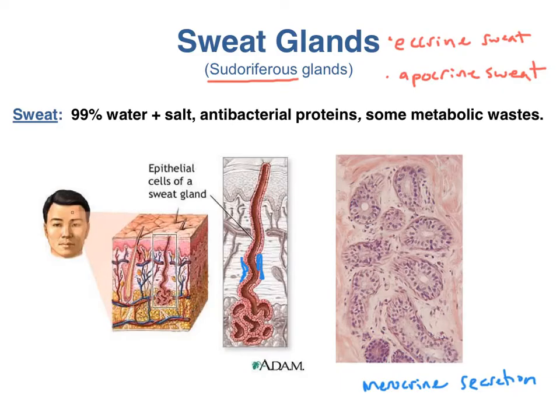The apocrine glands are also a little larger, a little bit deeper, and they secrete into hair follicles in this region. There's a lot of speculation about what the main function of the apocrine sweat glands is, since they have such little effect on thermoregulation.